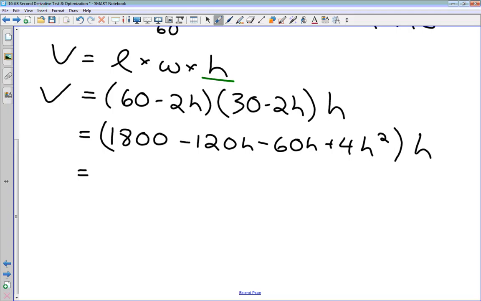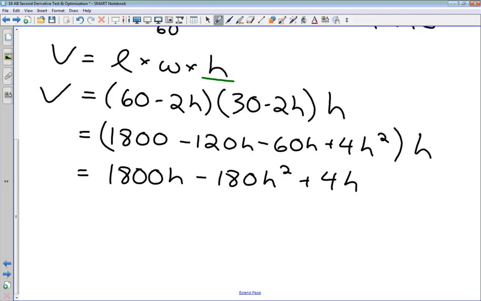I can collect those like terms in the middle and multiply everything by h to get 1800h minus 180h squared plus 4h cubed. Still volume.